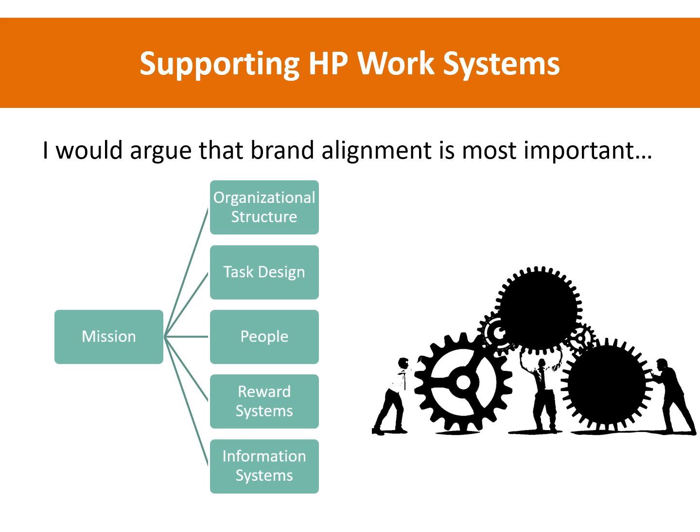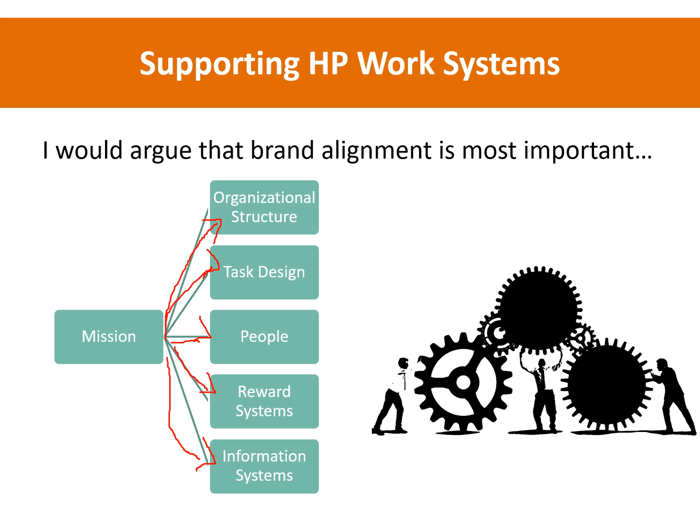Now, as you think about supporting your high performance work systems, there may actually be no one who's more important to this than your human resource managers. Okay, and if you think about that, that's because earlier we talked about aligning your mission with your organizational structure, with your task design, with your people, with your reward systems, and with your information systems. And we talked about aligning each of these 5 components together.